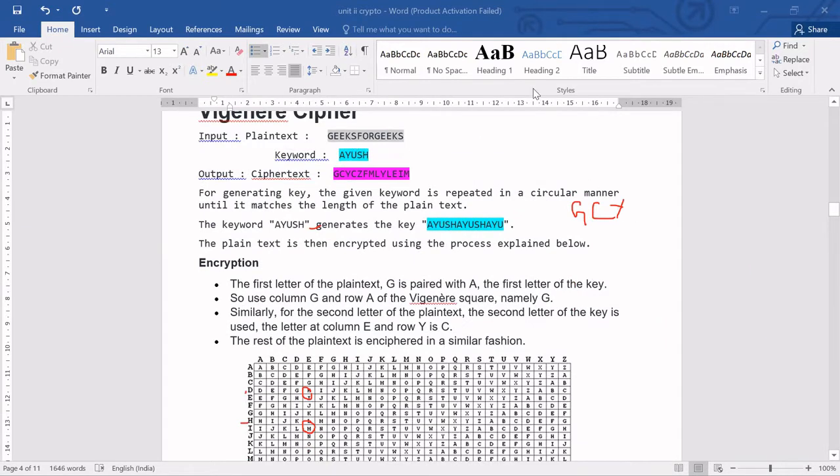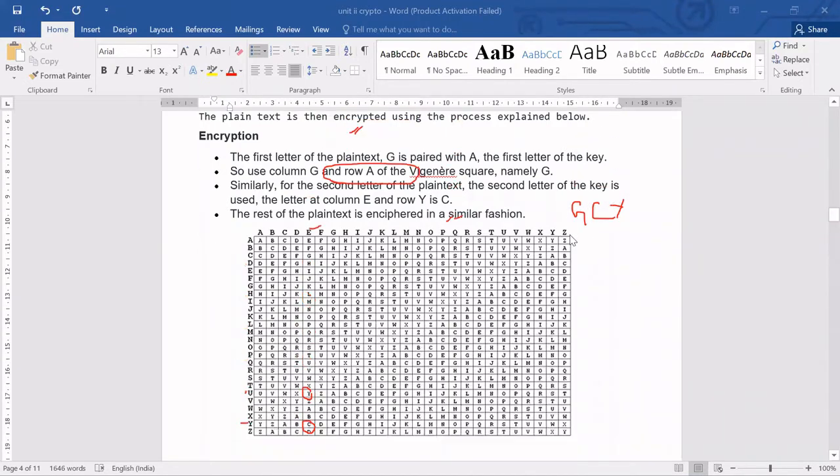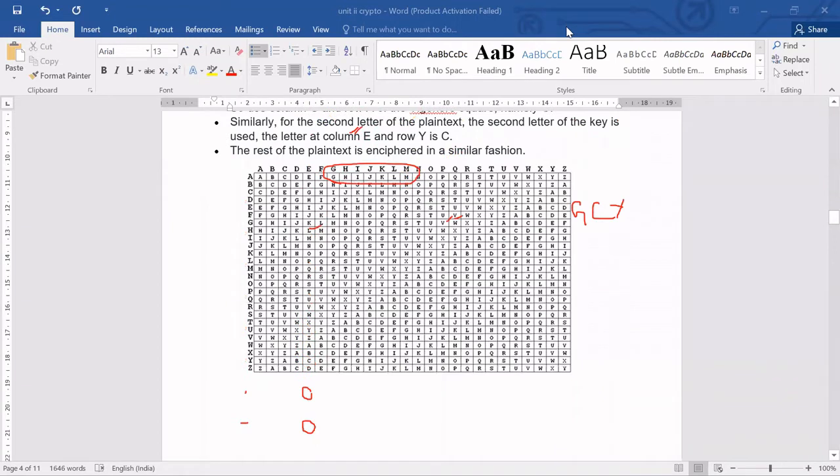Next is K with S, S with H, and so on. So we are going to obtain a ciphertext value that is GCYCZFLMLYLEIM.